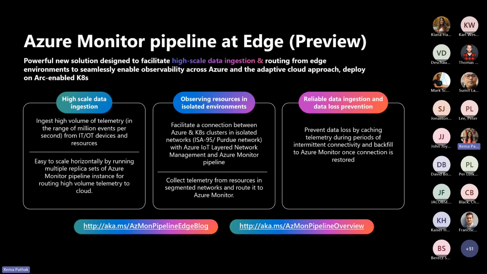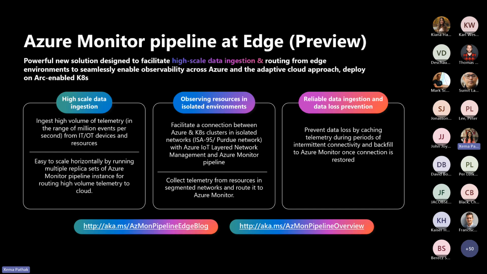All right, so why edge pipeline and what is this thing? It's essentially a tool designed to facilitate really high scale data ingestion to route that telemetry from your edge environments to cloud. It's using Open Telemetry Collector as its foundation. So that brings a lot of richness and flexibility of open source tools, prevents vendor lock-in, and makes it really, really easy to get the telemetry from your on-prem environment to cloud.